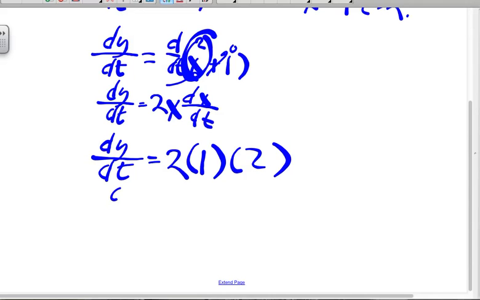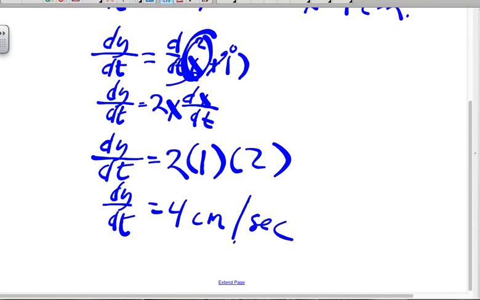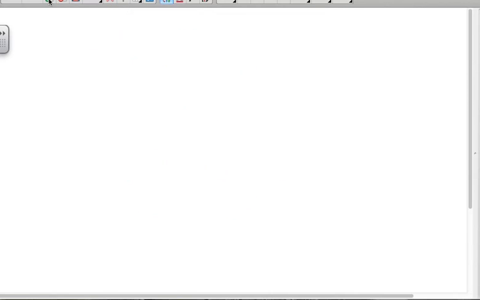So dy/dt will be equal to 4 centimeters per second. And there's the rate at which y is increasing when x is 1 and is changing at the rate of 2 centimeters per second. Okay, so one more example. Before I do that, there are some formulas you need to remember.